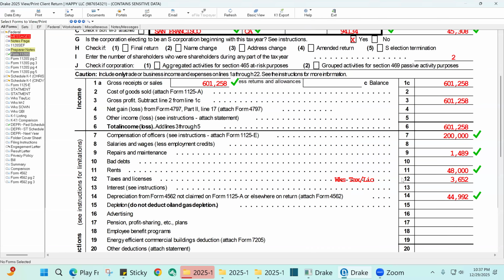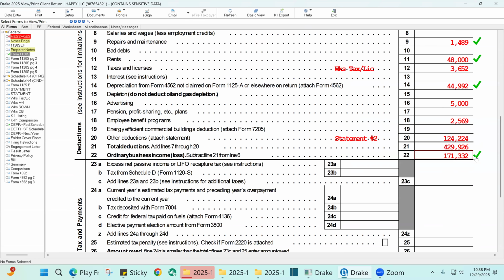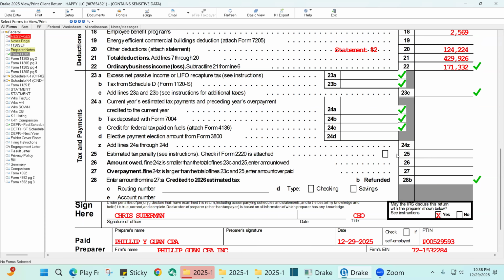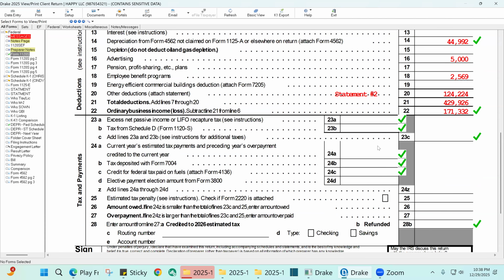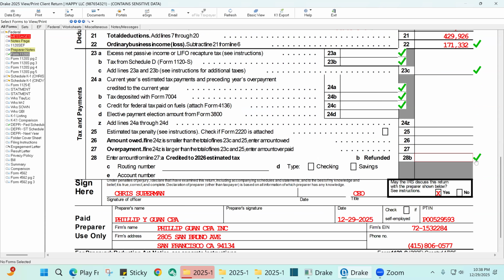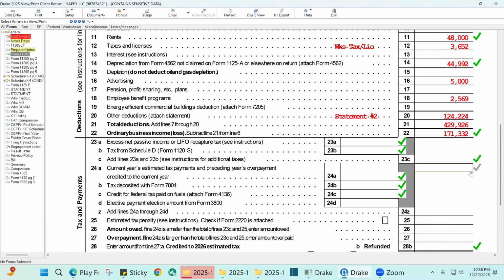As you can see, even though you go through the mix, 171,332, there is no number from line 23A all the way down. Brandon, why is there nothing in 23A all the way to 28B? Because S corporations are pass-through entities, so they don't get taxed on the federal level. That is correct.